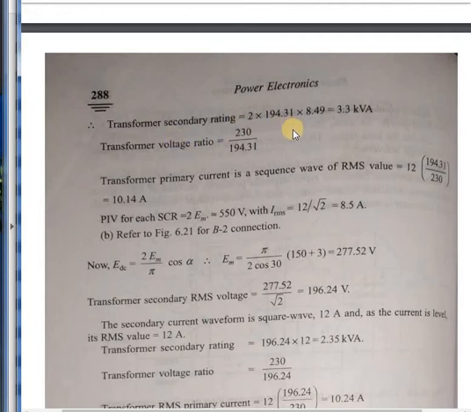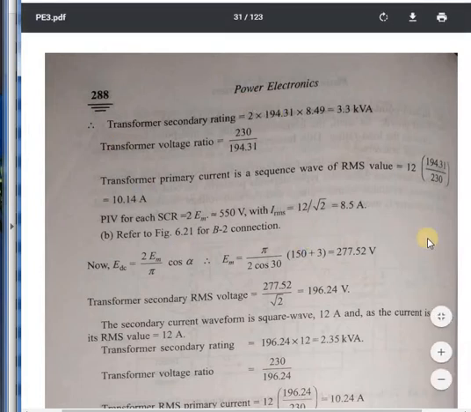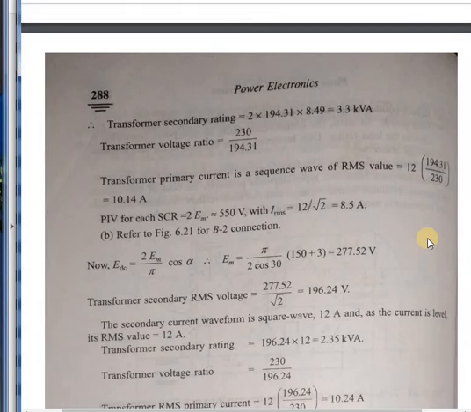Then for the transformer secondary, you can calculate the value of 2 into ERMS into your current. You will find the transformer secondary rating and the transformer ratio as 230 by 194. You will get the value of the transformer voltage ratio, and the current will be 12 into 194.31 by your main voltage, that is 230 volts. You will get the value of current also.